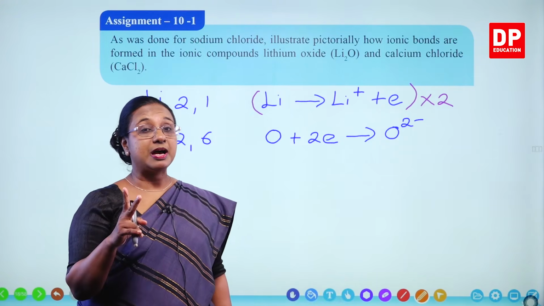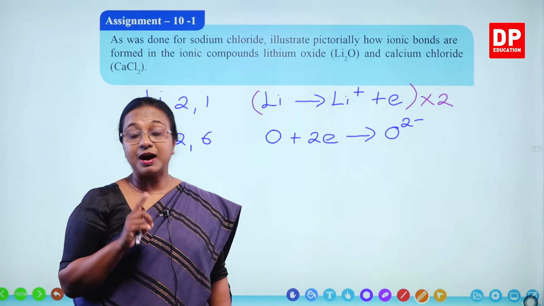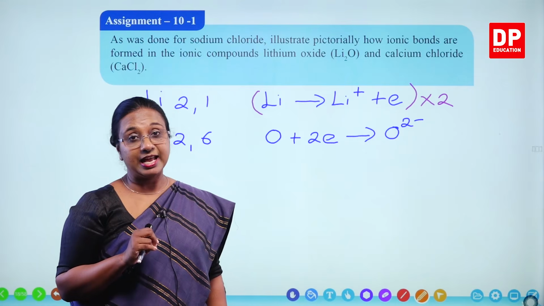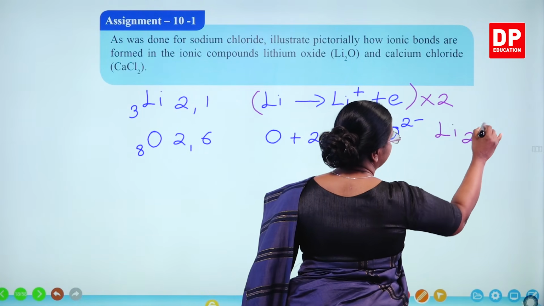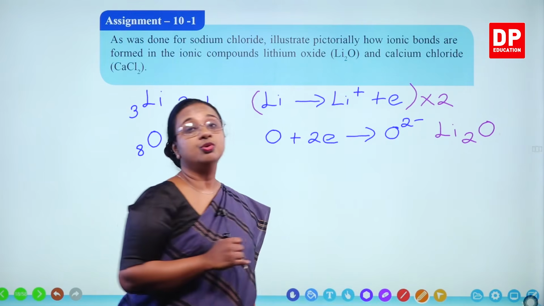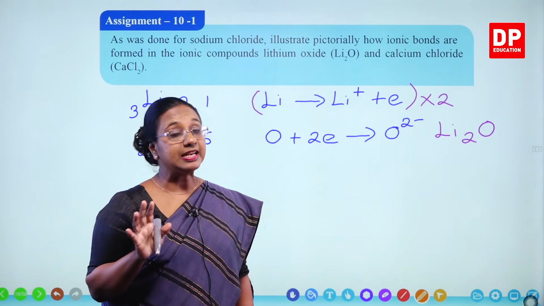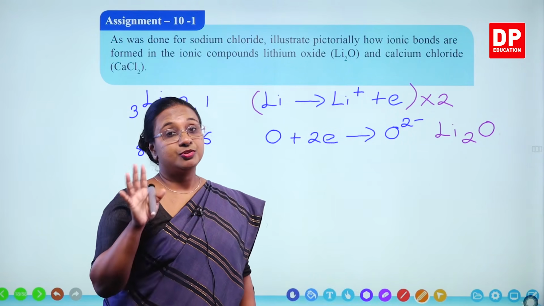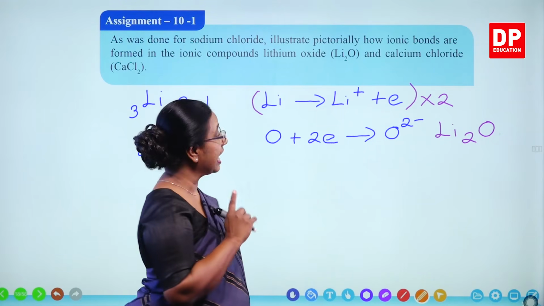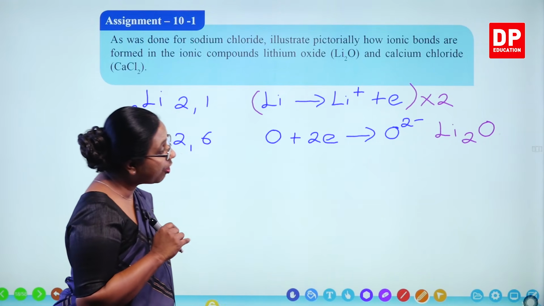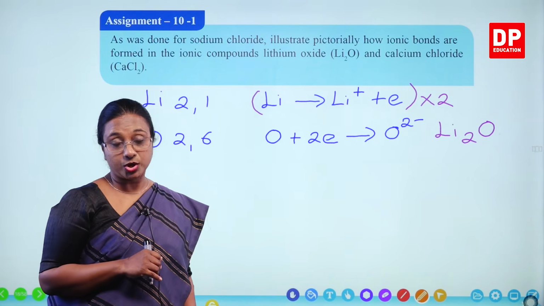So 2 lithium ions will form an ionic compound with 1 oxide ion. That is why we have the chemical formula Li2O. Is that clear to you all? That is how we use the valencies. You can remember that Li2O is the chemical formula of lithium oxide.